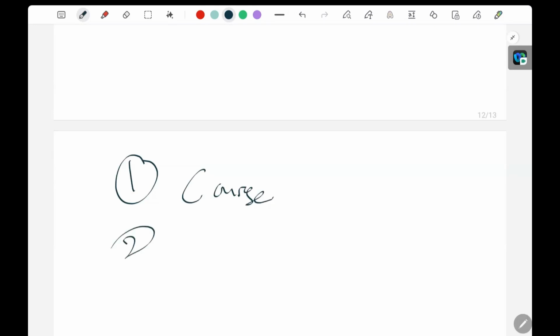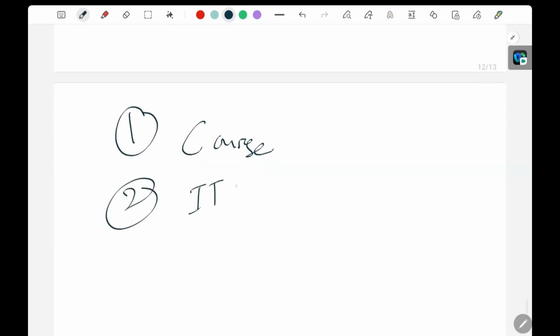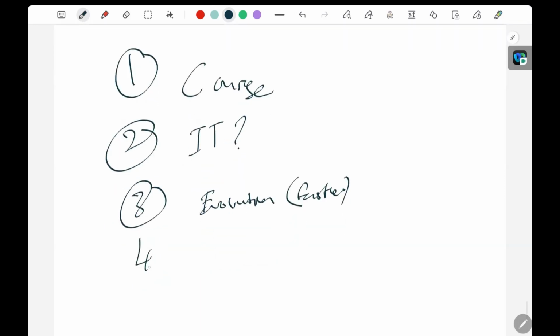Number two, I talked about IT. What is IT? Number three, I talked about the evolution, basically improves, it makes things faster.